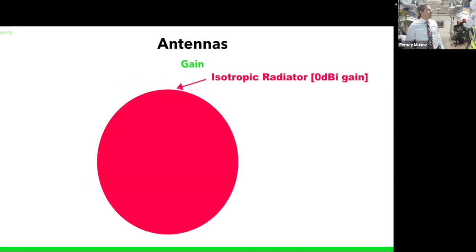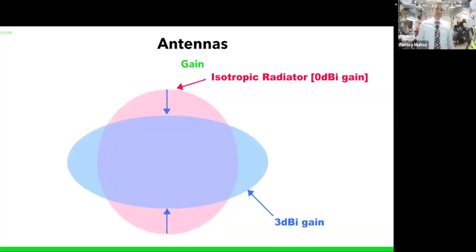Well, if we start there, once we start increasing the gain of an antenna, because we talk about gain, high gain, low gain, how do we get there and what does that mean? If we have a device that radiates energy equally in all directions, that's an isotropic radiator, and that device has 0 dBi gain. If this, let's say, balloon with energy, we squeeze it up and down without adding energy, then where does that energy we squeeze in here go?